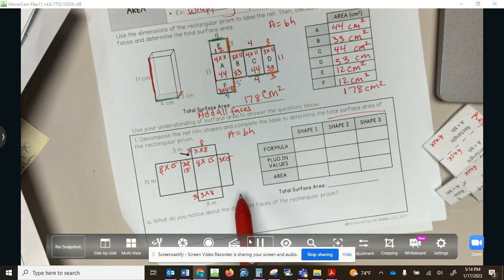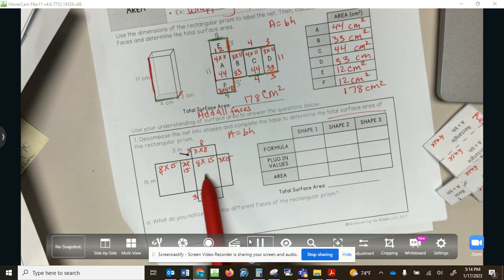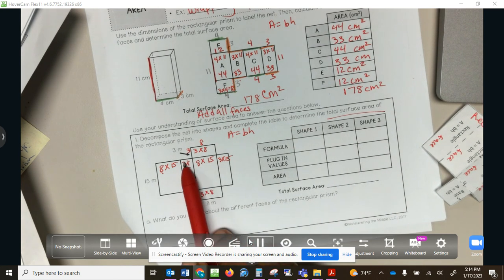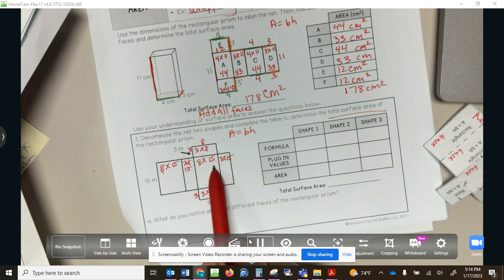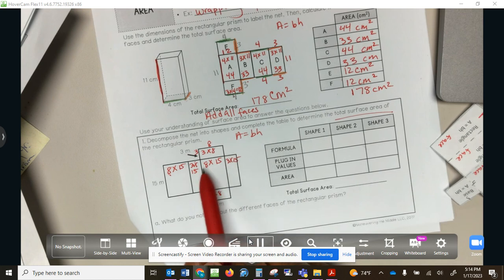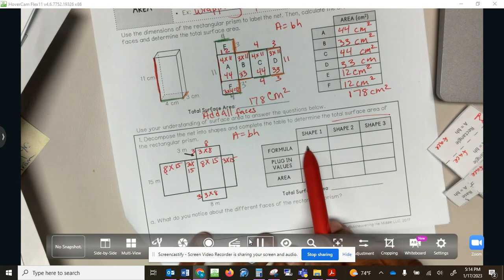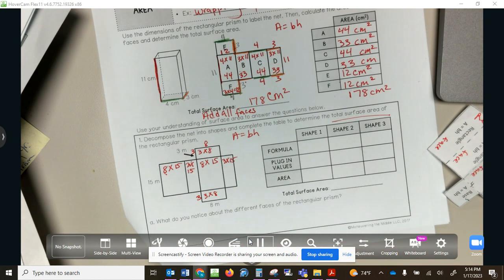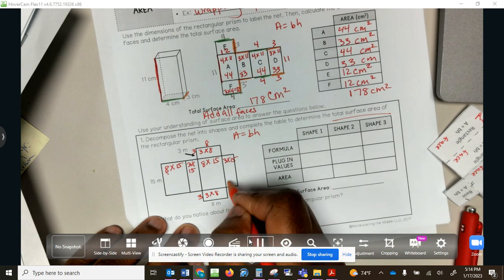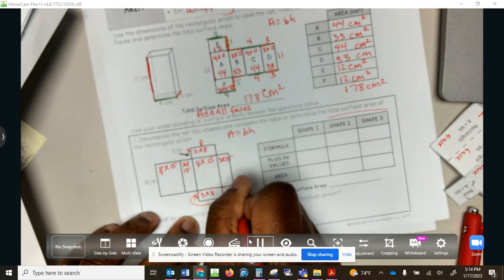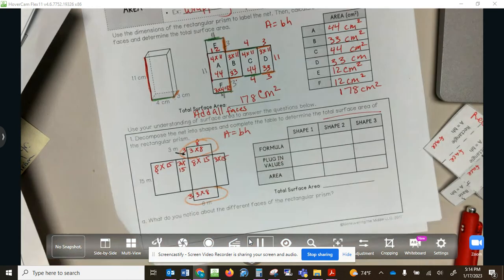So what are we noticing pattern-wise? When it's a rectangular prism, I will end up with 2 shorts and 2 long. So how do we do that? Well, we can take a look here and we can write in. So we know that in reality, there's 3 shapes going on here. There's the base. That's 1.